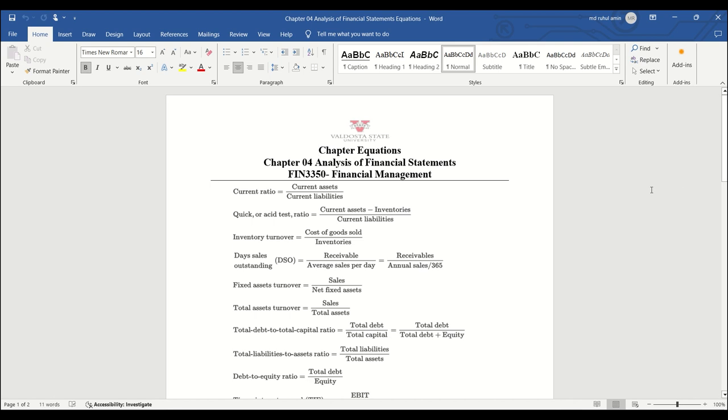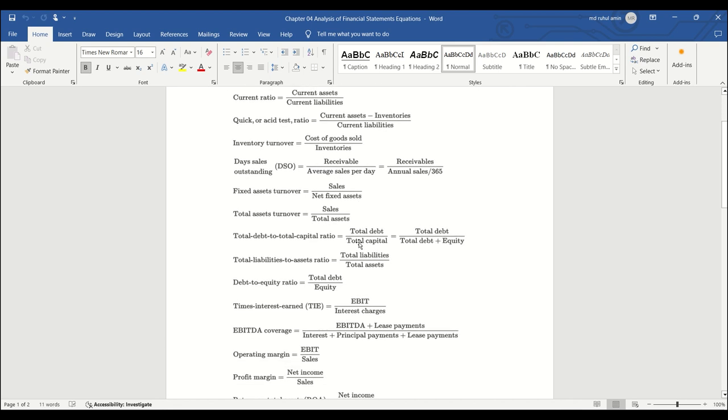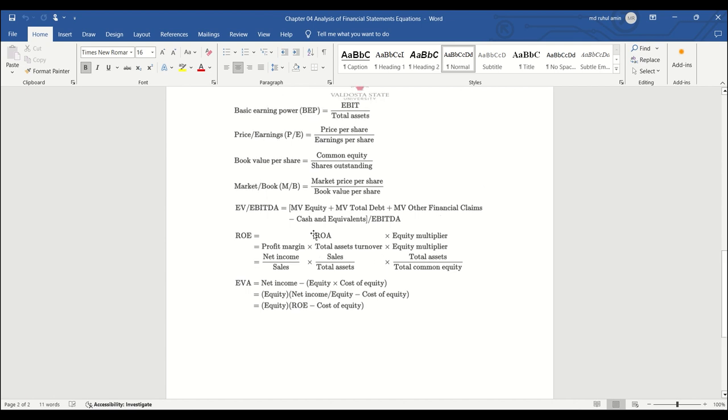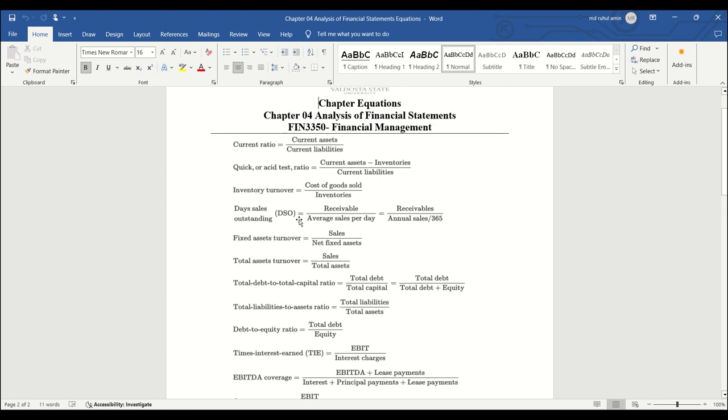In this formula sheet, we have the necessary formulas to analyze our financial statements. I don't know whether we have a categorization here, but the 5 categories of ratios we just talked about in our PowerPoint slides, each individual formula fits into those 5 categories of ratio analysis.